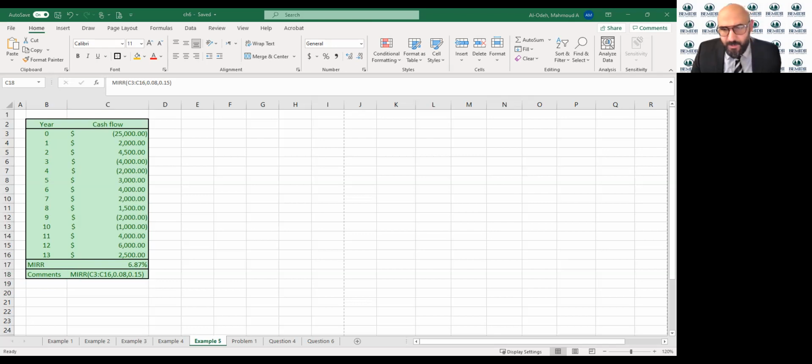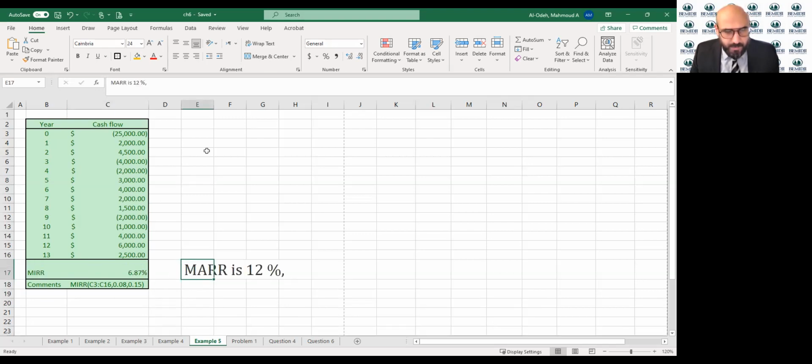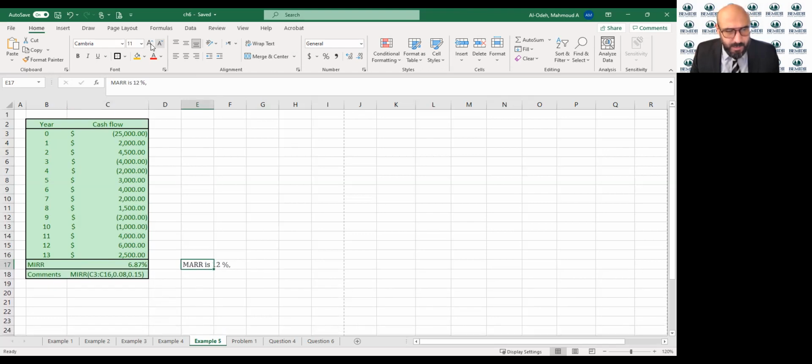Therefore, should we go with this investment? Is this economically justified or not? We have to compare with the MARR, which is 12%.